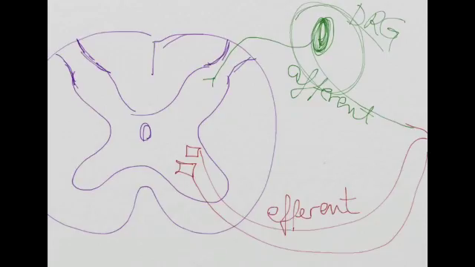Now let's look at our drawing again. So the afferent side, drawn in green, are the sensory nerves arriving at the spinal cord. Let's add the interneurons, and these interneurons could be staying ipsilaterally, synapsing to a motor neuron.